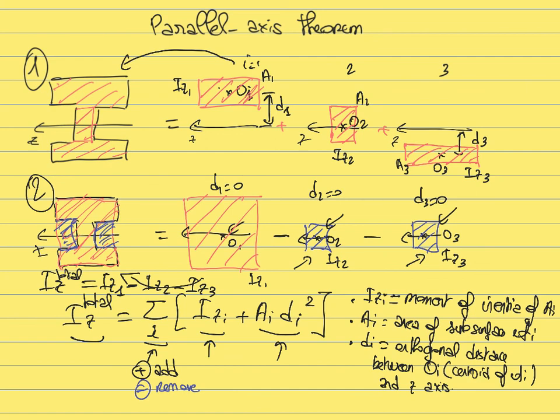Because you know how to calculate the moment of inertia of a rectangle, you can combine all those moments of inertia to calculate the total moment of inertia of the complex beam, like for example this I-beam, or any other shape of the cross-section of the beam.